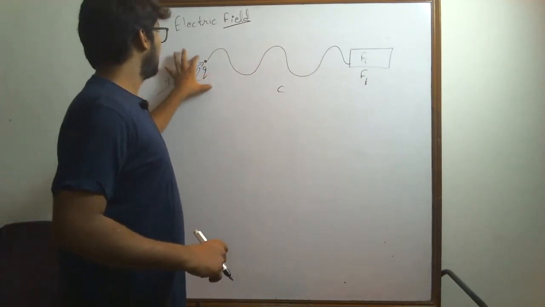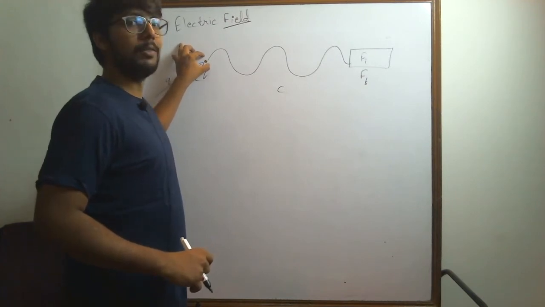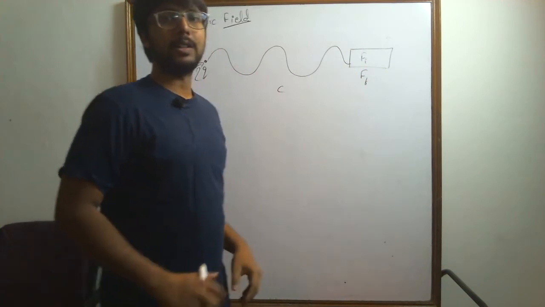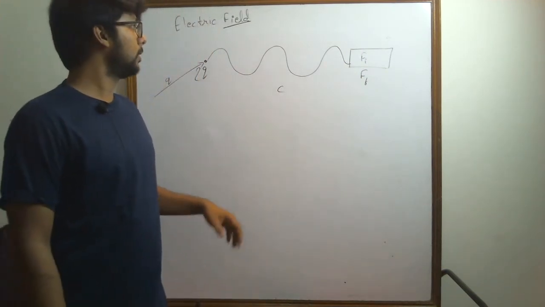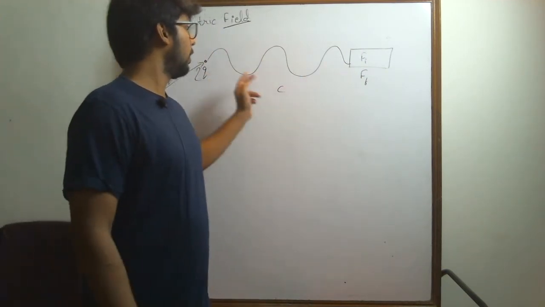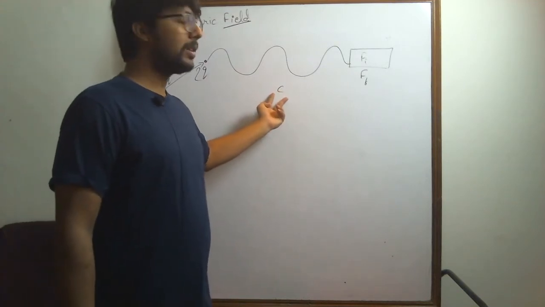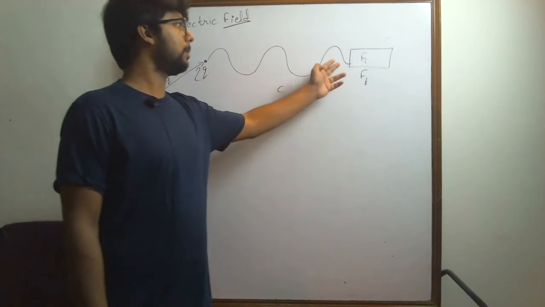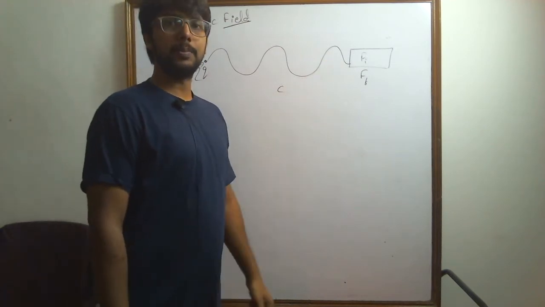So by this change at the charge level, I am changing the force experienced by this receptor or this tool over here, because the velocity at which the effect can reach the receptor has a fixed magnitude, right?